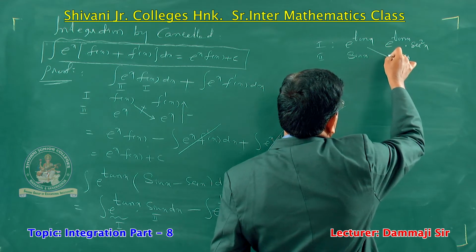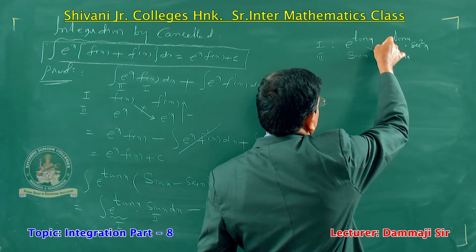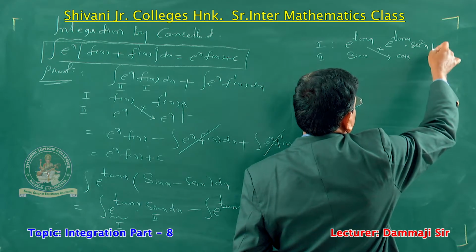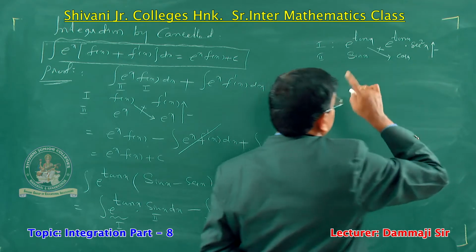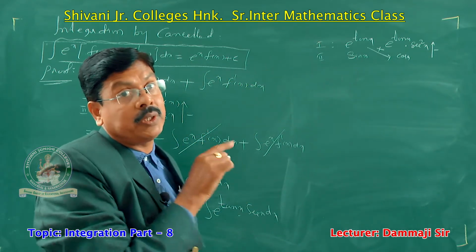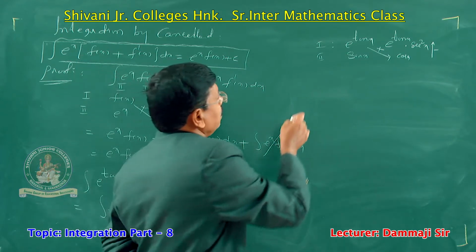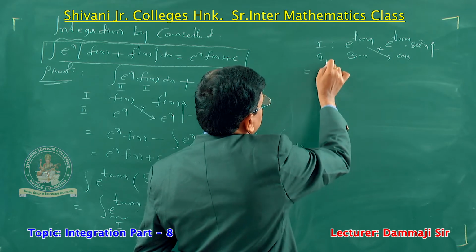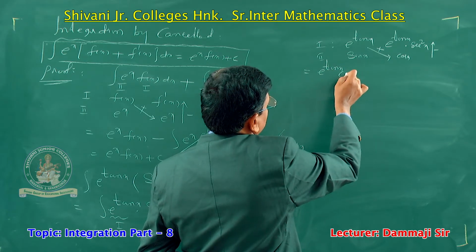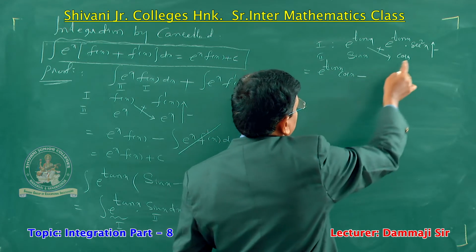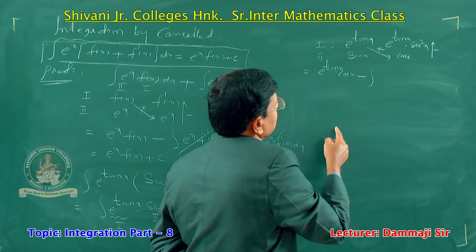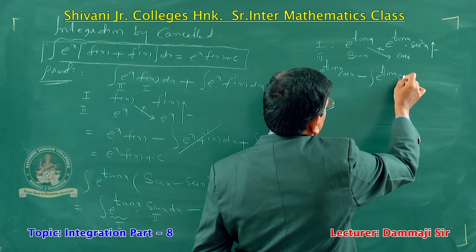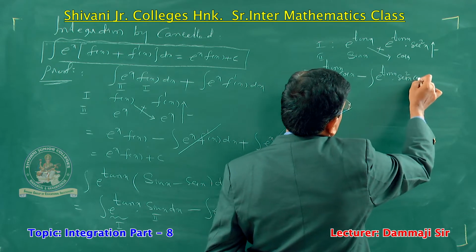What about the next process? You know very well: plus, then minus. Without applying the formula, you can apply it as one of the shortcut methods. The product of these two functions is e power tan x cos x, minus the product of these two functions, e power tan x secant square x cos x.